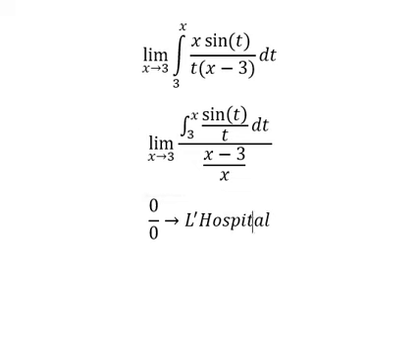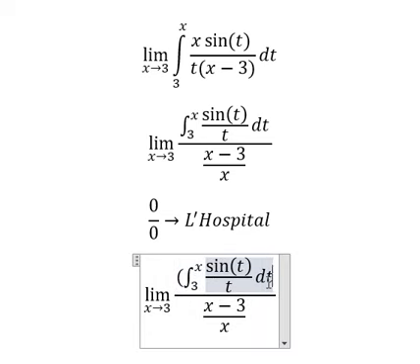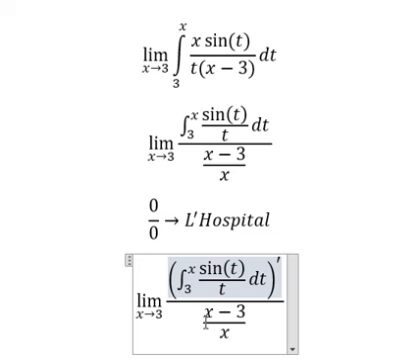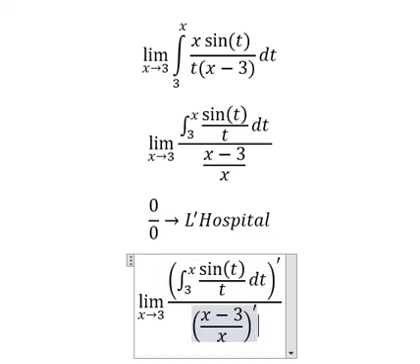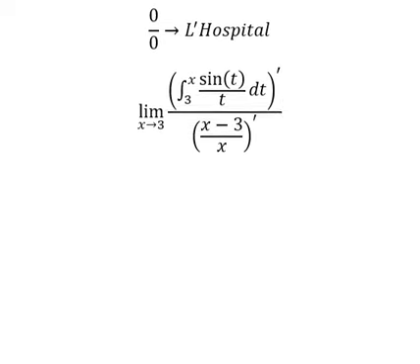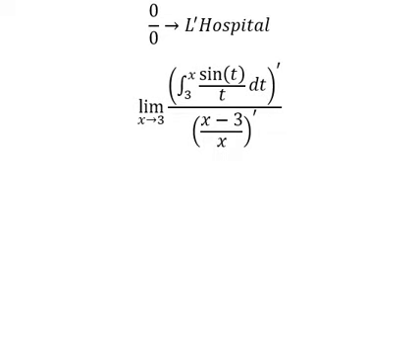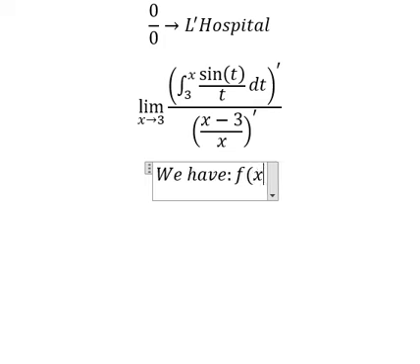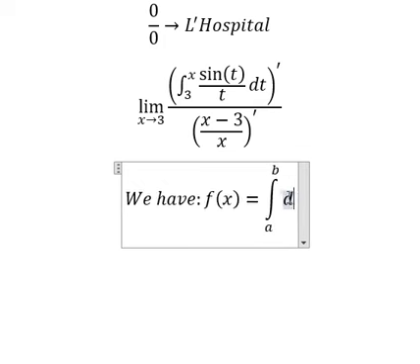That means we need to do the first derivative on the numerator and the denominator. So for this one, we have the formula in here: F of s equals the integration from a to b, f of t dt.